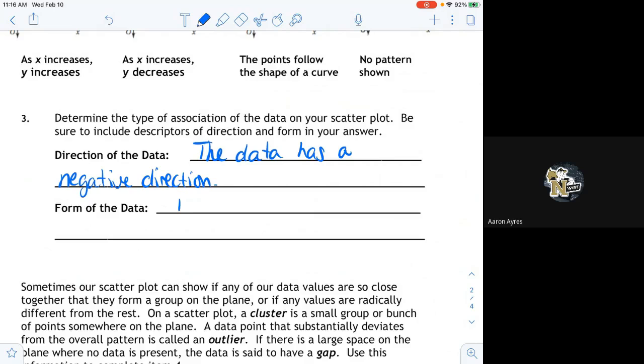And for the form, the data is linear. That's it.